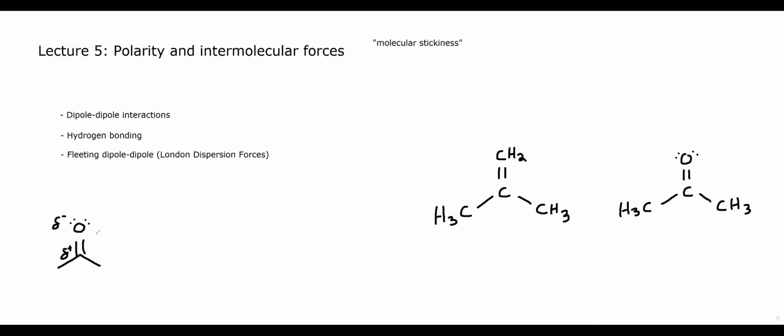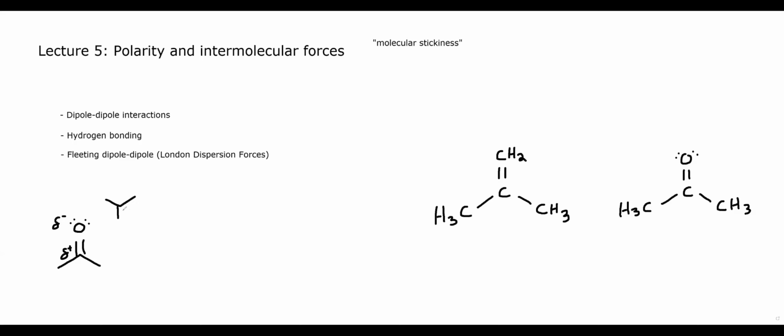We oftentimes just draw one molecule, but it's pretty much impossible to isolate one molecule of something. When I draw the structure for acetone, we have to consider that there are trillions of these, okay?